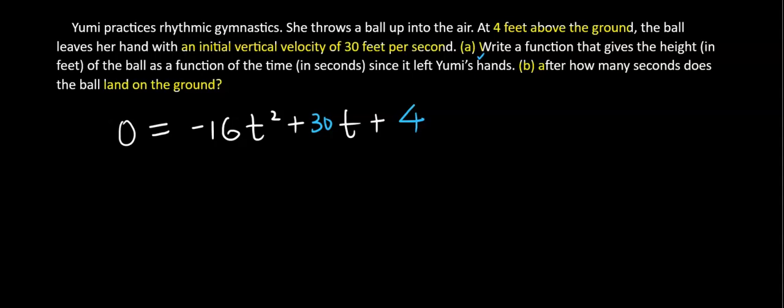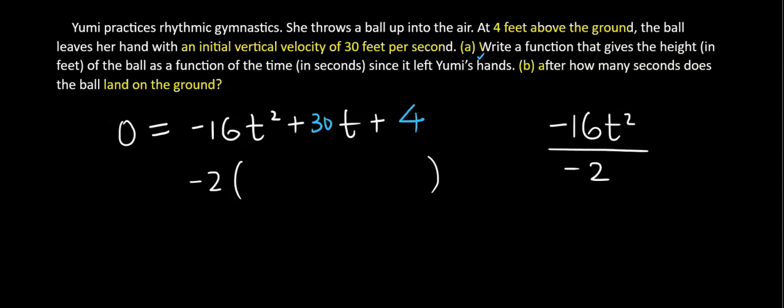All right, to solve this, we need to factor the polynomial. Let's look at -16t squared plus 30t plus 4, which means we can factor out a -2. So -2 will be our greatest monomial factor. Once we factor out -2, let's use our scratch paper. Factor out a -2 from -16t squared, we have 8t squared.